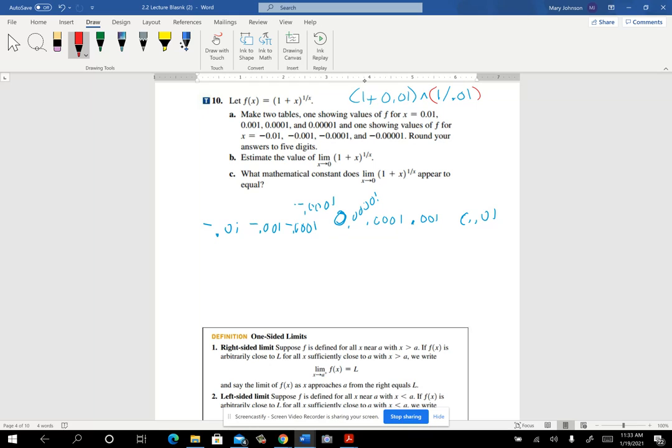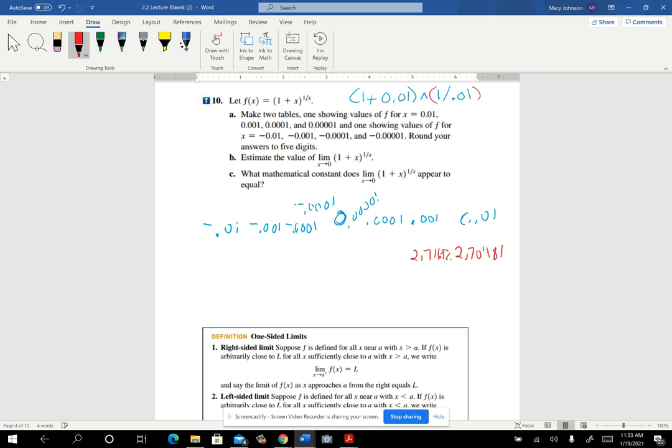Okay, so this one turns out to be 2.70481. Now go back up and just insert an extra 0 in there. And you get 2.71692.